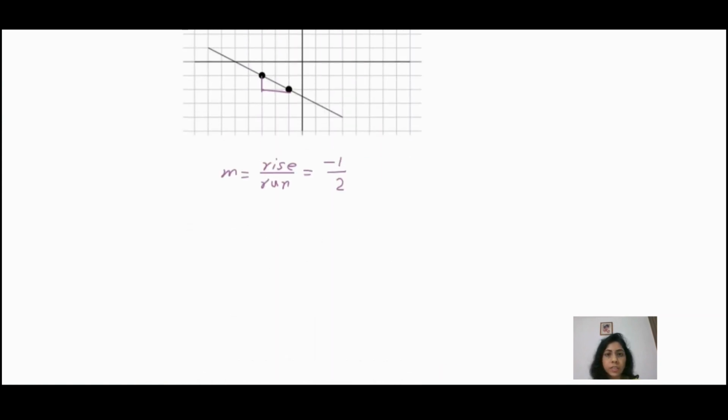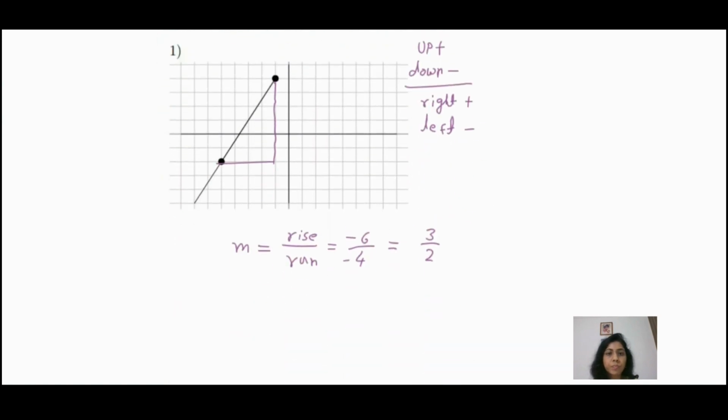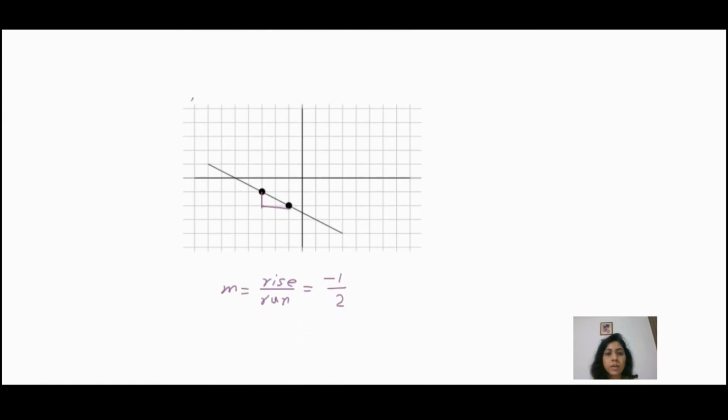So let's see, we can get a conclusion. If a line goes up and up like this from left to right, it means slope is always positive. And if a line goes like this from left to right going down, it means slope is always negative.